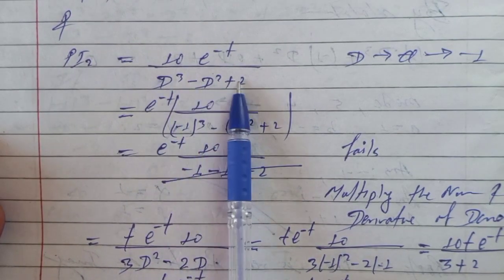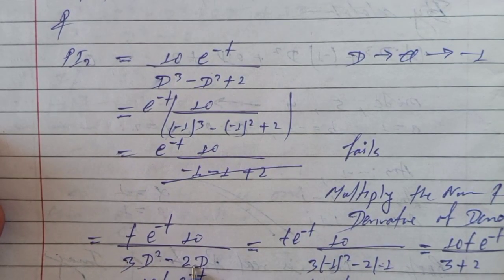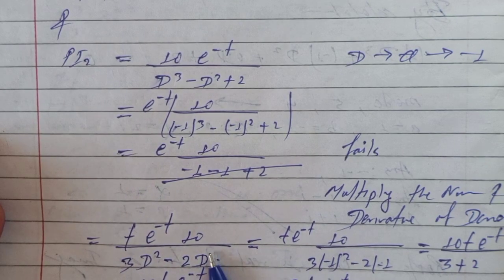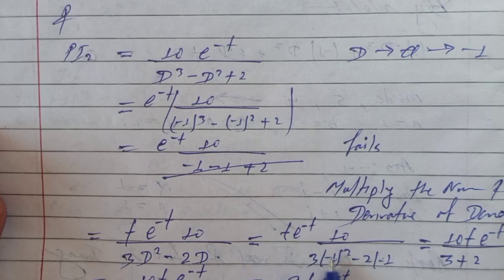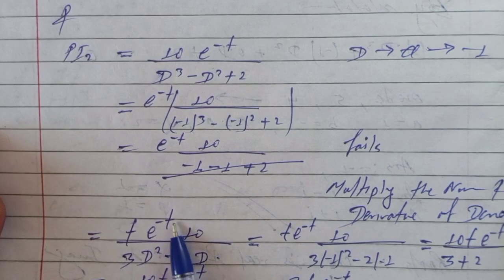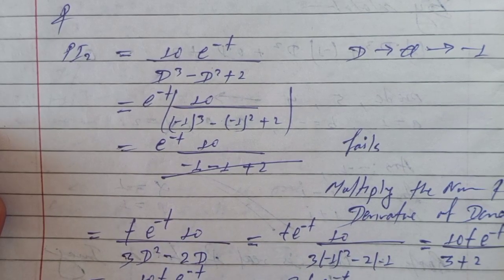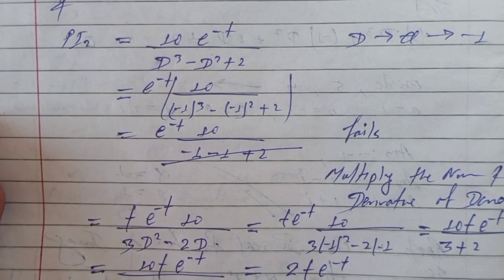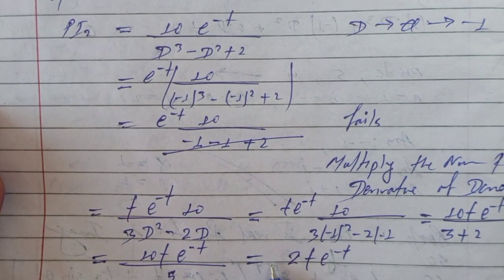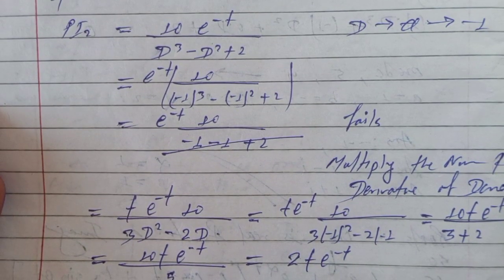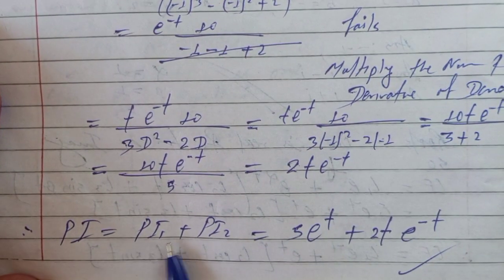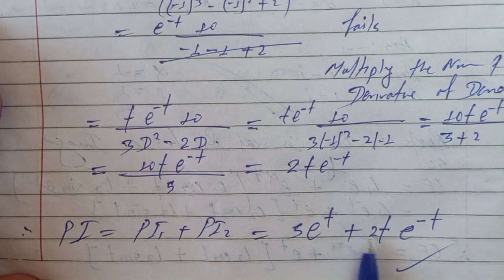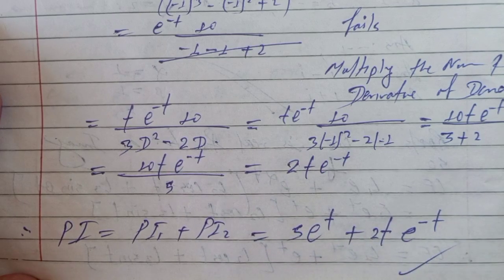So one time derivative of this, we got this. And again, after doing this, we replace our D with the minus 1 value with respect to the exponential, and finally we got our PI2, that is 2t e to the power minus t. So our final PI became like this: PI equal to PI1 plus PI2, and this is our required PI.